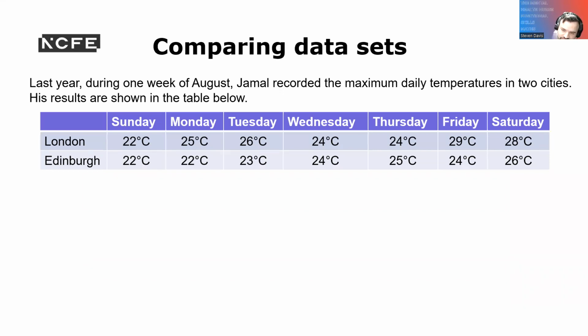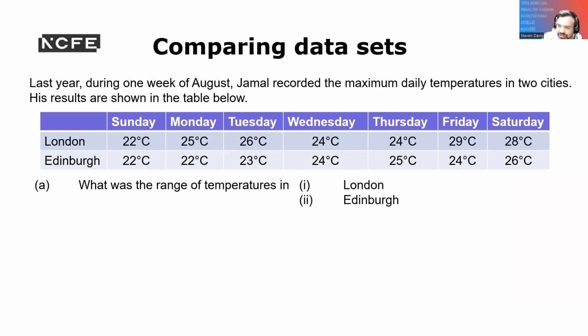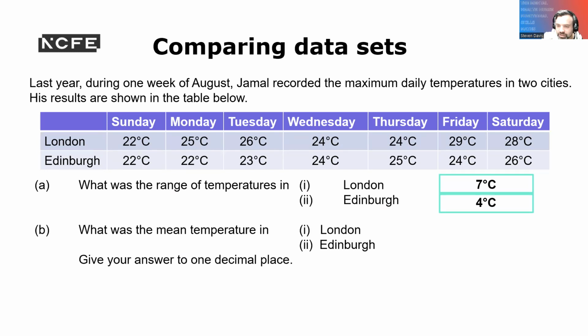So again, if we look at temperatures, we're going to do exactly the same thing. What was the range of temperatures in London and Edinburgh? Here, we would add them up and divide by 7, because that's a week, which would give us 7 Celsius, and the same for Edinburgh, which is 4.